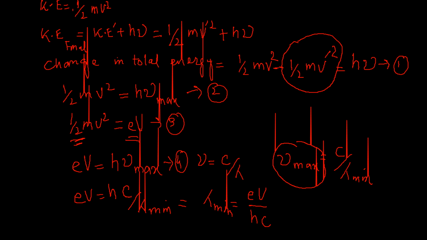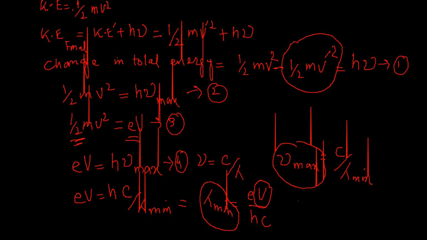This means that lambda minimum, the wavelength of the continuous X-rays, depends on the accelerating potential of the electrodes present in the X-ray tube. The higher the accelerating potential in the X-ray tube, the shorter the wavelength of continuous X-rays. Similarly, the lower the accelerating potential of the beam of electrons, the longer the wavelength of continuous X-rays.